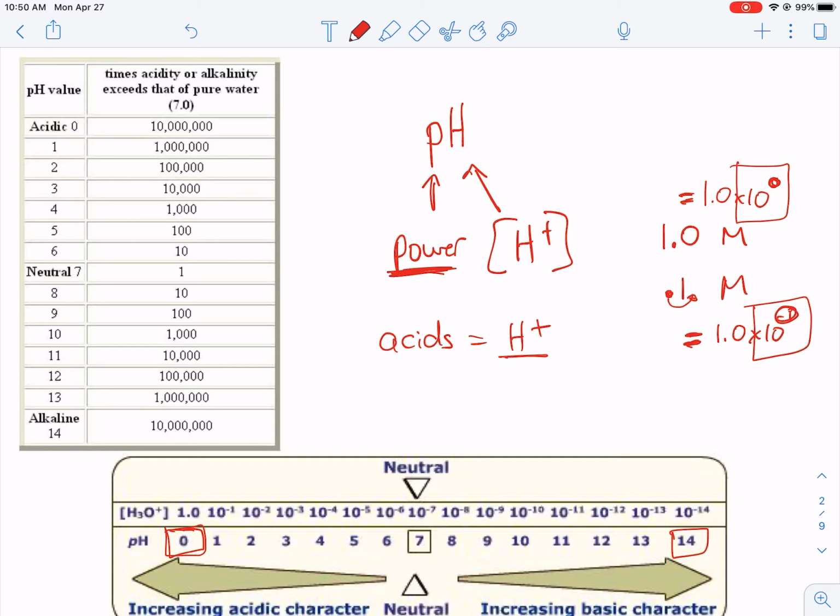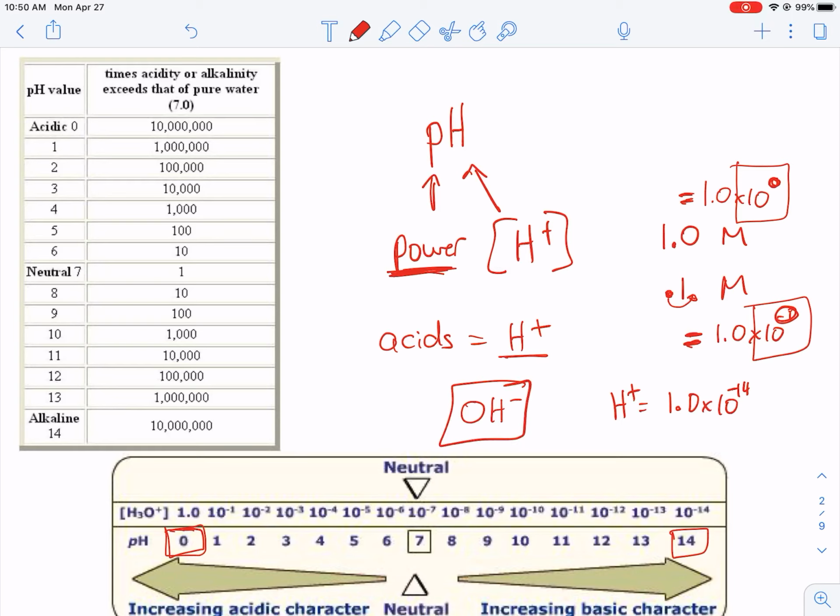And so if you have a base, what do bases give us? Bases give us OH-. Are they giving us very much H+? Absolutely not. So we get numbers that look like this, 1.0 times 10 to the -14, right? This is a very, very small amount of H+ in solution. Why isn't there much H+?